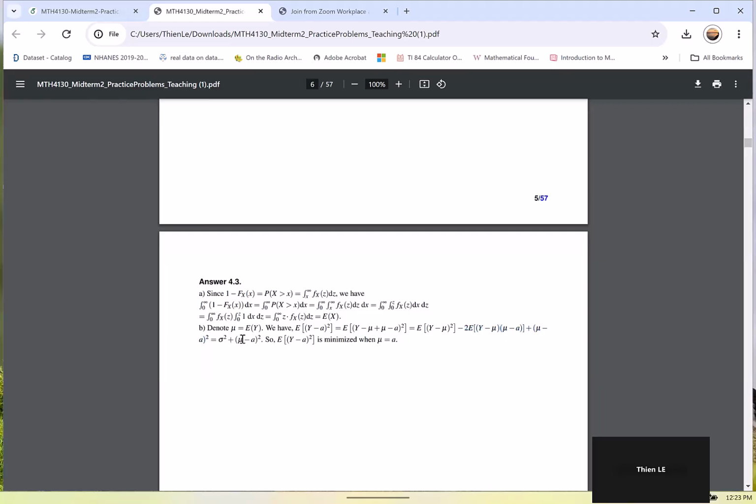It will give you this much, okay? So from here you can see that this quantity will be minimized if this is minimized, right? And the minimizing value of this will be A equal to mu, A equal to mu. So basically it just tells us that the mean is the best guess, right? The best guess. If you have a random variable and you want to minimize the error, the mean will be the best guess.